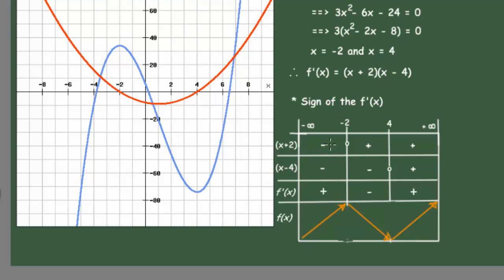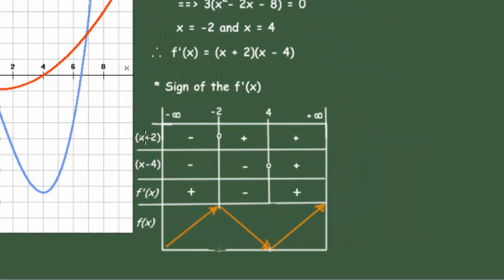Any value before minus 2 will be negative in x plus 2. Any value lower than minus 2 gives a negative value, and after minus 2 we have positive.